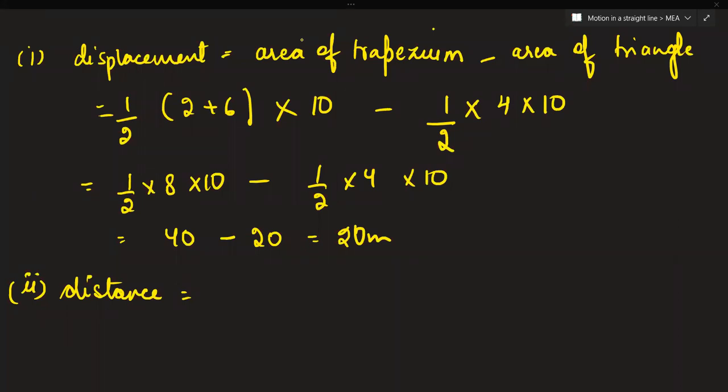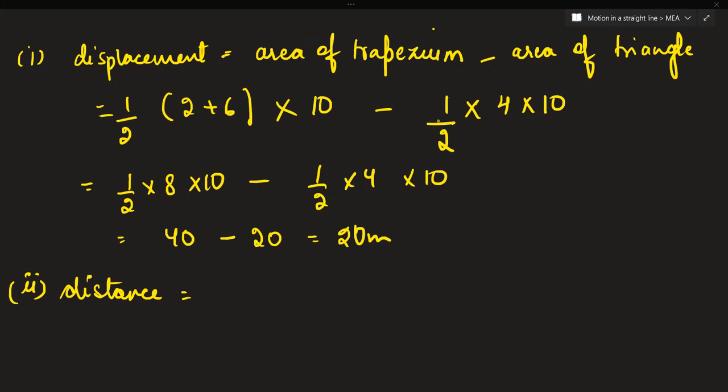Yes, Fatima, what type of quantity is distance? Scalar or vector? Distance is scalar. Displacement is a vector quantity. That's why we considered this negative sign, because of the negative height that was coming. Distance is a completely scalar quantity.